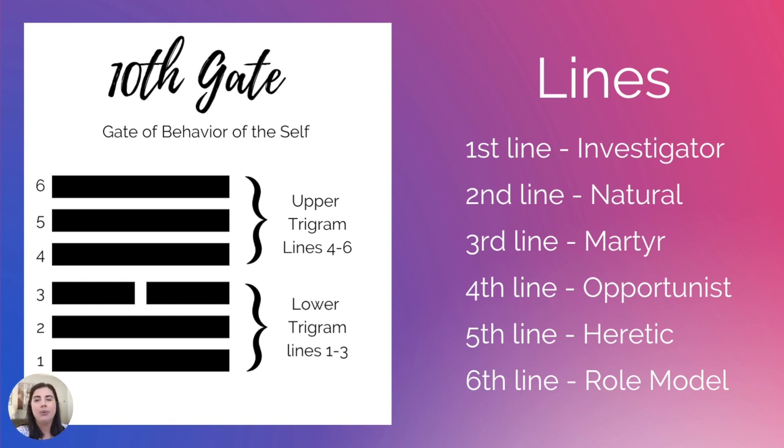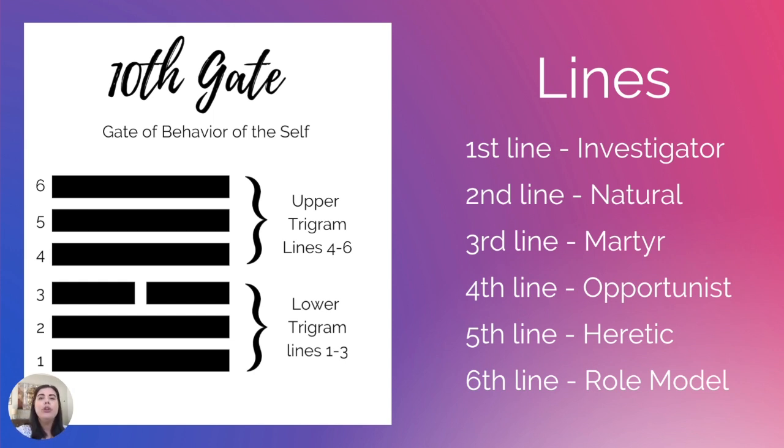So let's explore that. The six lines within the 10th gate are the behavioral lines. And these are the keynotes that explain the 6 different behaviors of self and how we show up in the world.